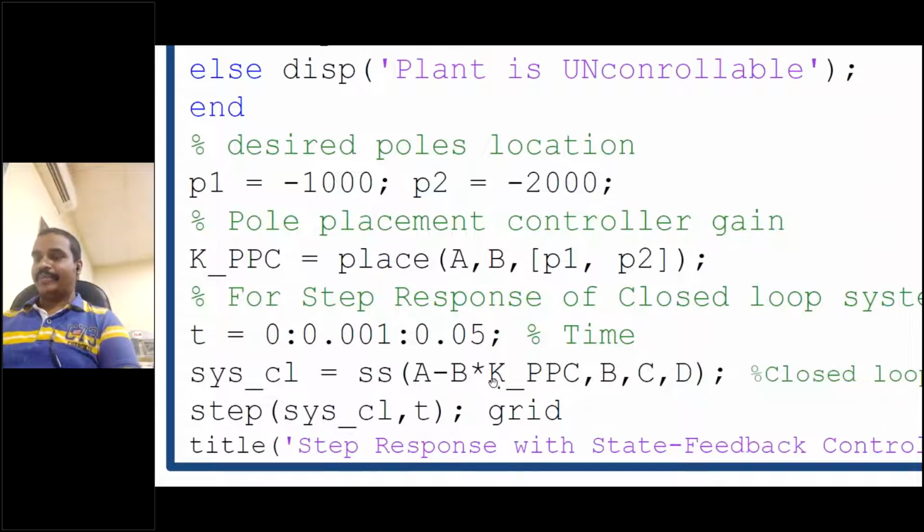In the earlier one, this minus BK was not there. This minus BK, the pole placement controller, has come from the discussion we had. The step command will plot this closed loop system step response, grid gives the grid lines, and the title of this plot I'm calling step response with state feedback controller.